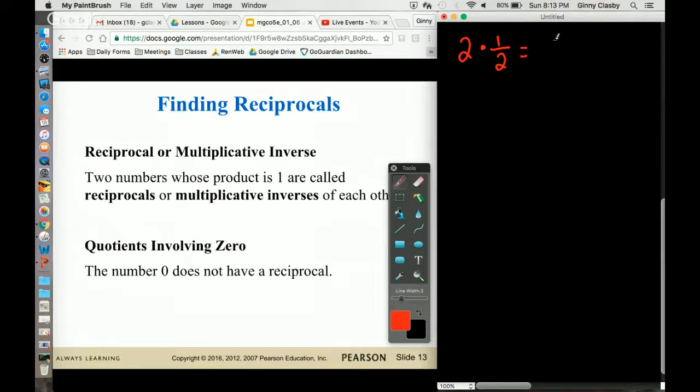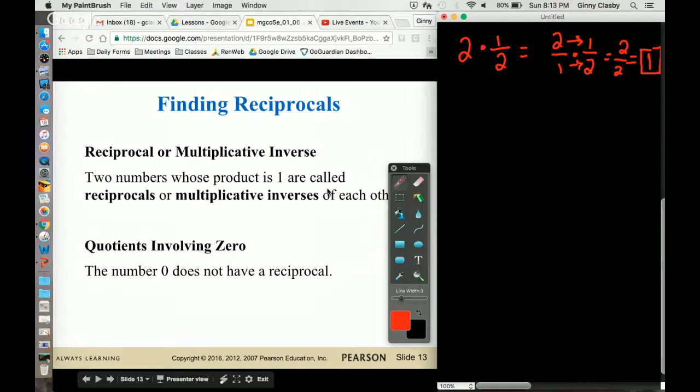It's the same thing as saying 2/1 times 1/2. You multiply straight across. You get 2/2. If you have the same number on the top and bottom of a fraction, your solution is going to be 1.